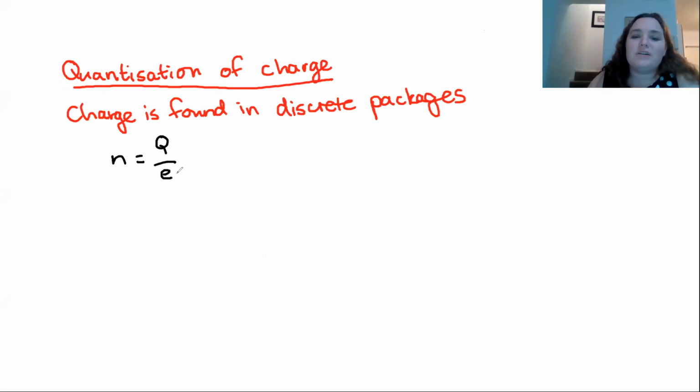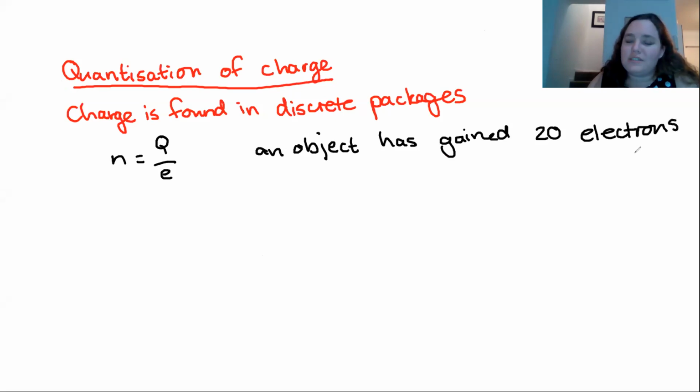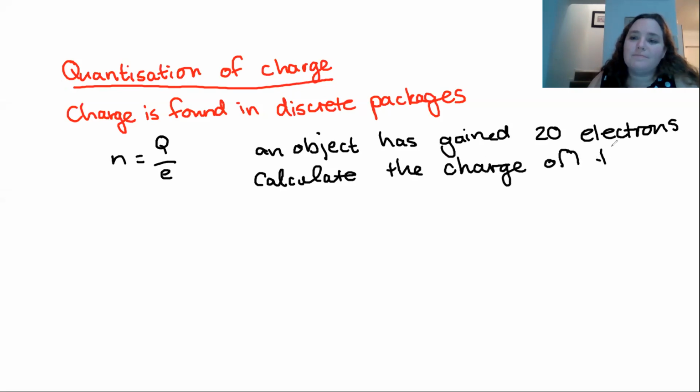So if we were to look at an idea here of how charge works, if I were to tell you that an object has gained, let's make it 20 electrons. Sometimes it's small amounts, sometimes it's big amounts. So an object has gained 20 electrons, that's mentioned somewhere in the blurb, and then the question asks you to calculate the charge on the object.